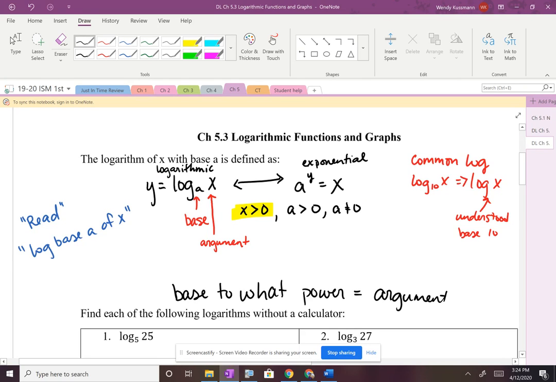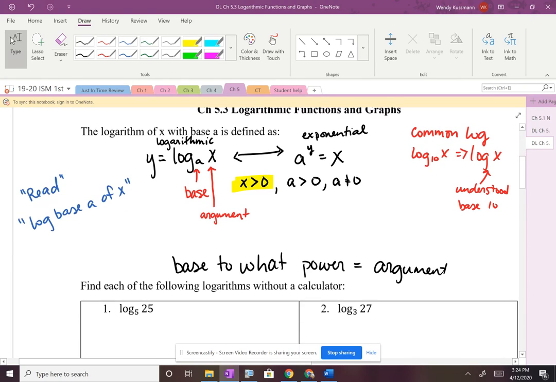When I was in high school, my teacher always asked, what power is it? That is the big question. That's what logarithms are really asking. What power is it that you raise that base to get the argument?